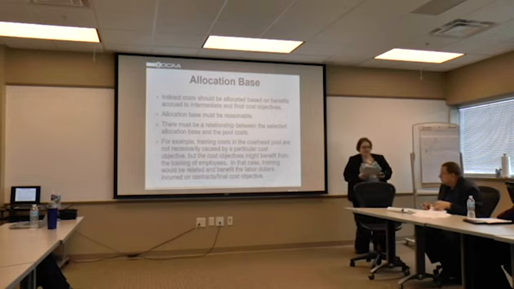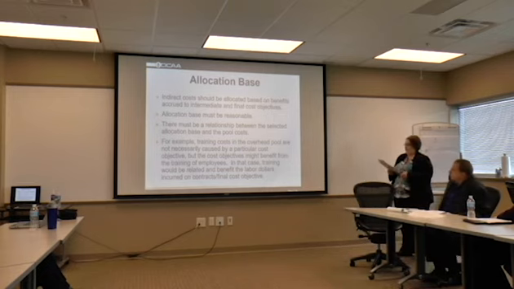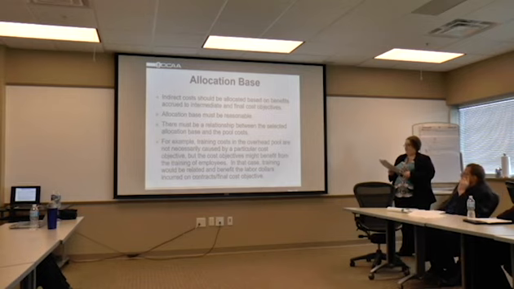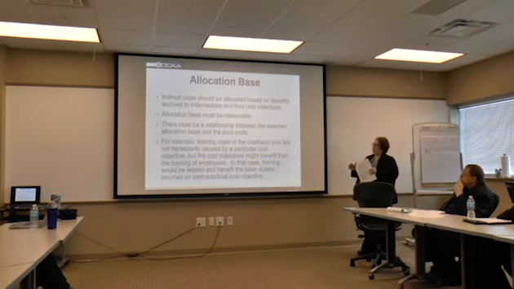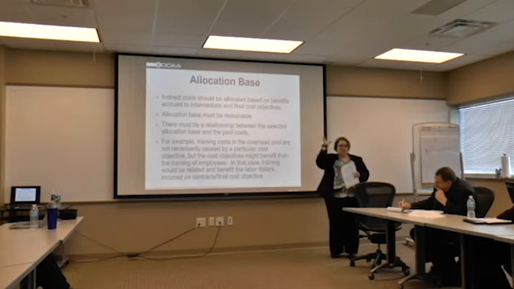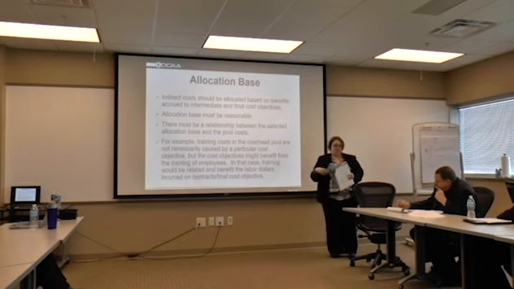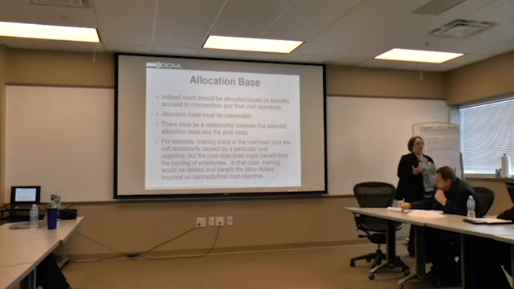So allocation based. Indirect costs should be allocated based on benefits incurred to the intermediate and final cost objectives. So we always want to make sure that there has to be that relationship between the cost in the pool and the cost in what we call the base. So I think fringe is almost one of the easiest examples that people can relate to.